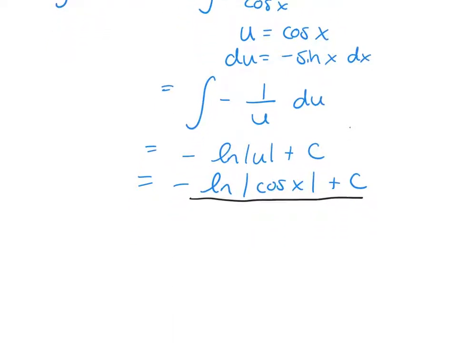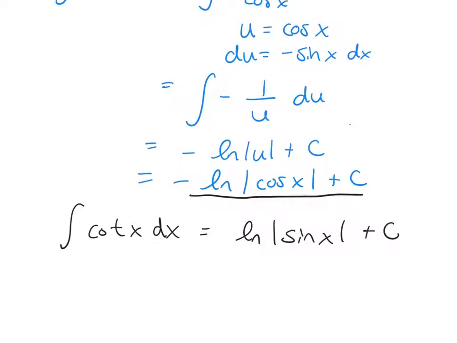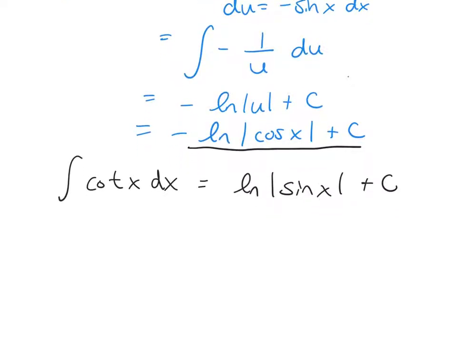The integral now of cotangent, you would do something similar, but cotangent is cosine over sine. So you'd get natural log absolute value of sine of x plus c. The next integral would be secant.